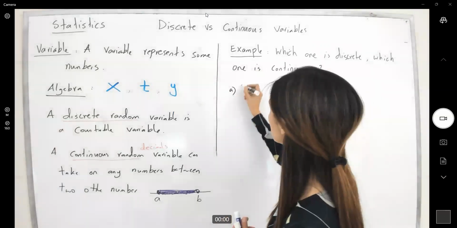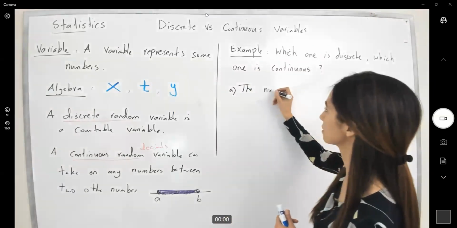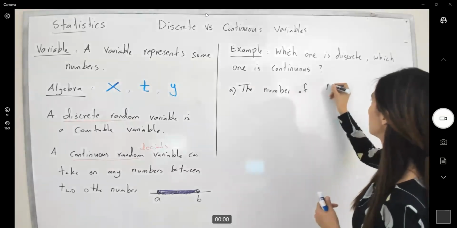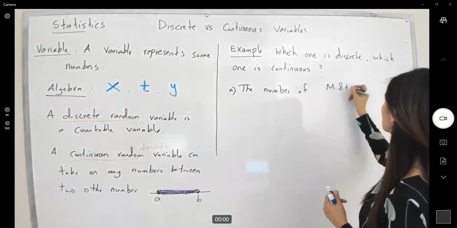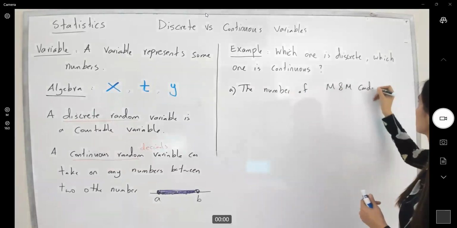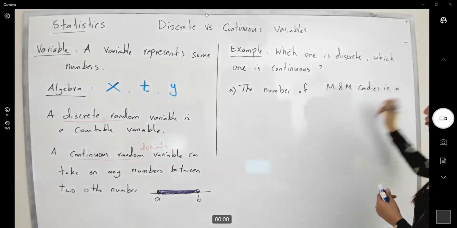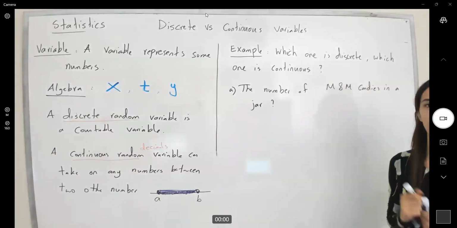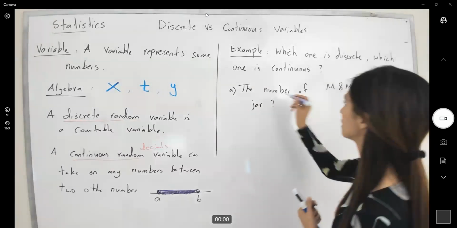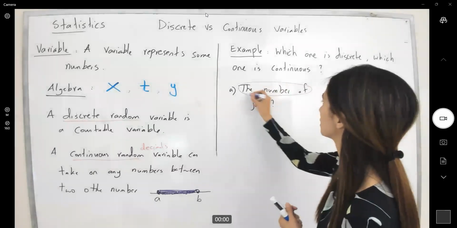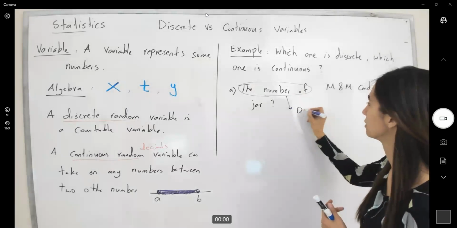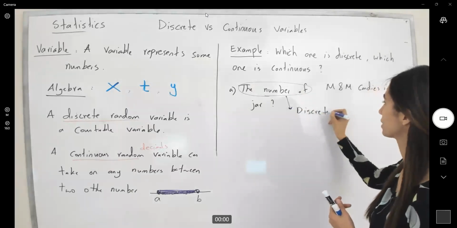The first one was the number of M&M candies in a jar. The keyword is given to you: the number of. The number of is the keyword for discrete, or countable, variable.